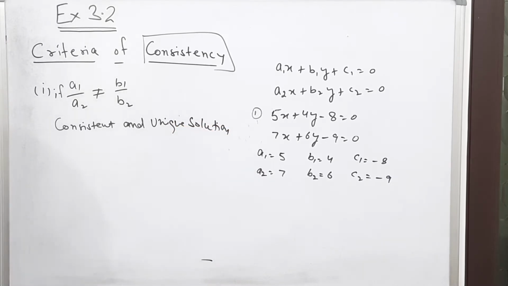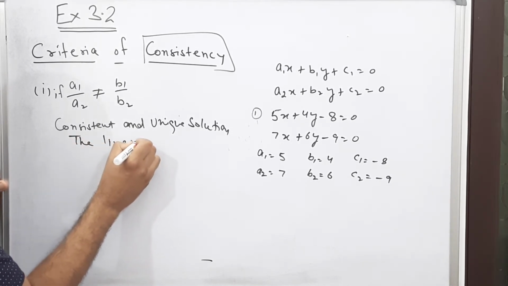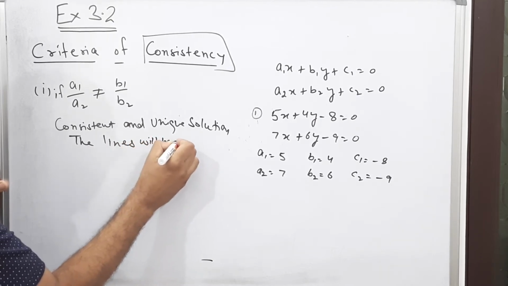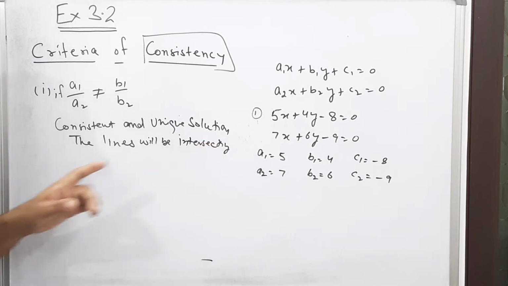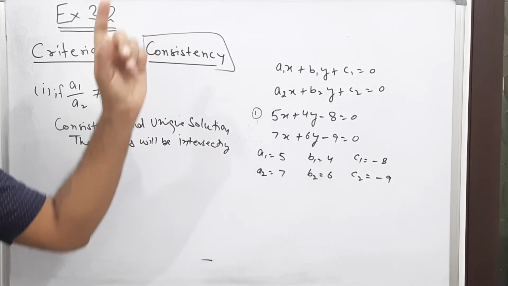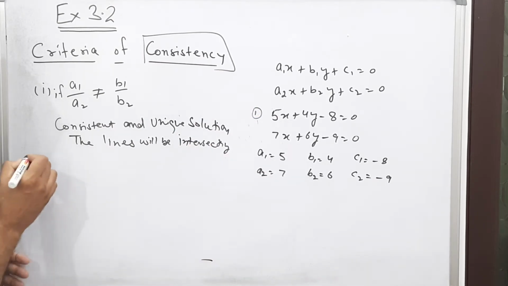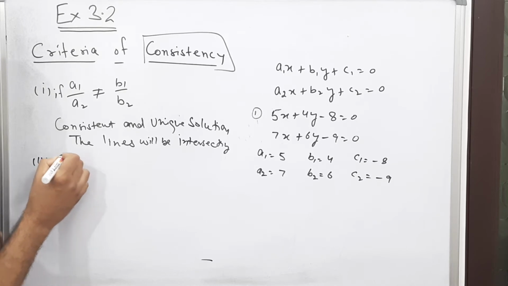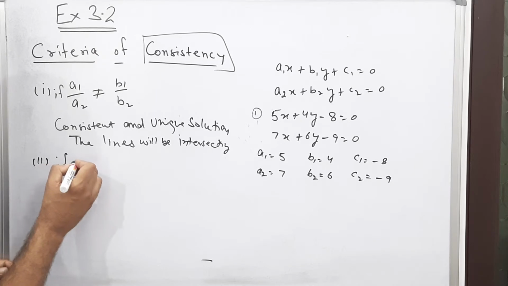In this case, if you draw the graph, the lines will be intersecting. Without making the graph of this pair of lines, you can say that the lines will be intersecting.